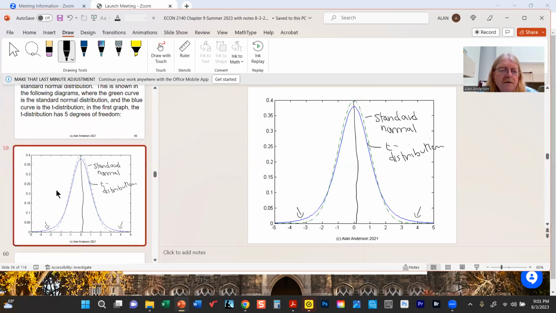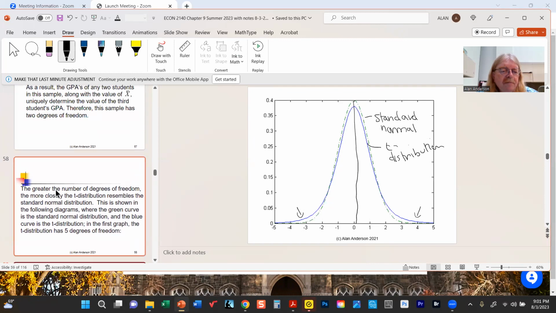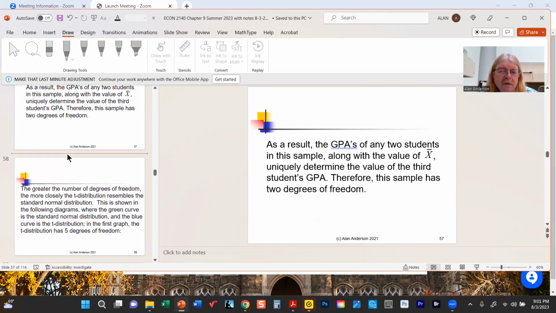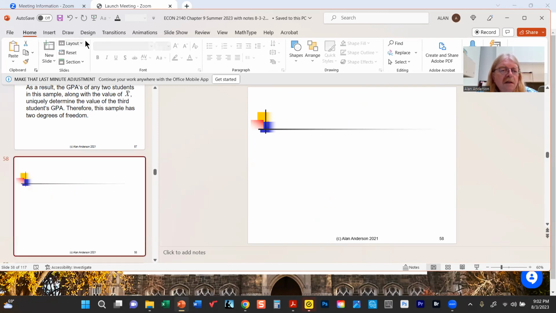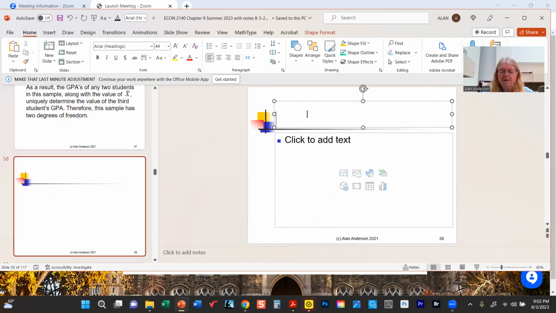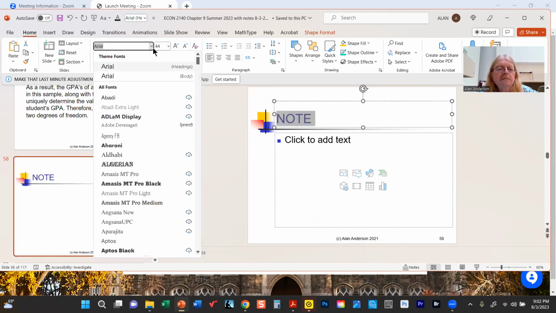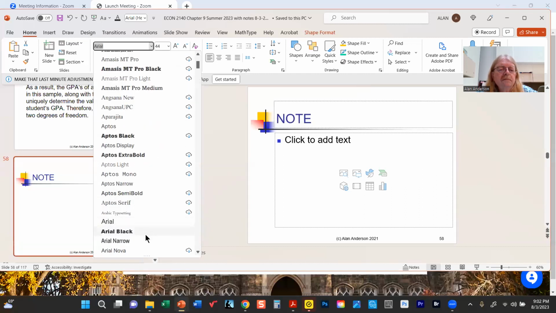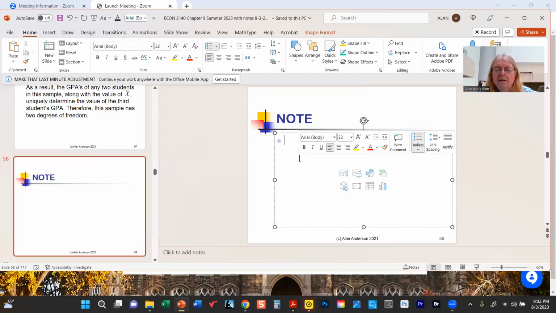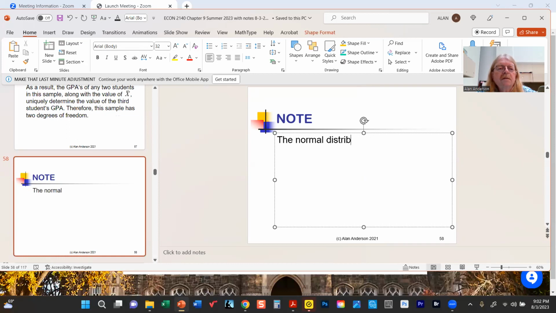Now, here's where it gets a little complex. Where are the normal and the T really the most different? Let me sneak this in here. Note the normal distribution is characterized by the mean and standard deviation.